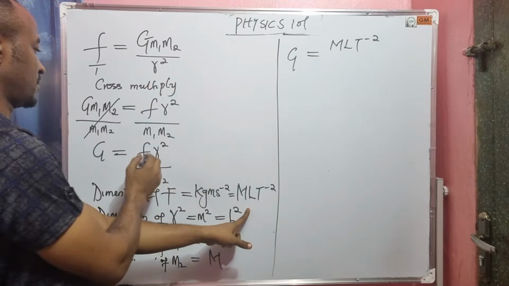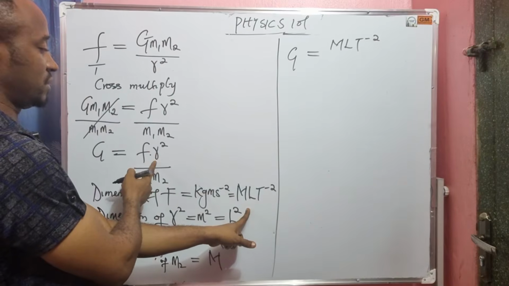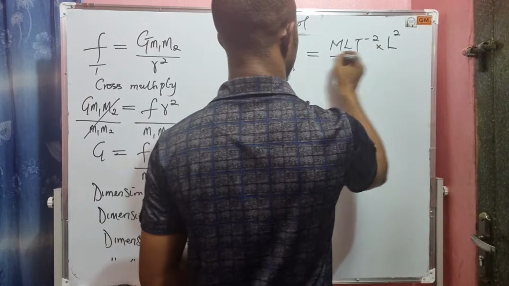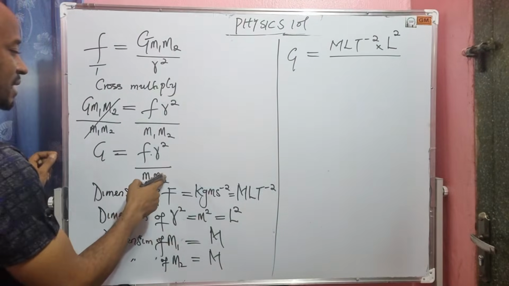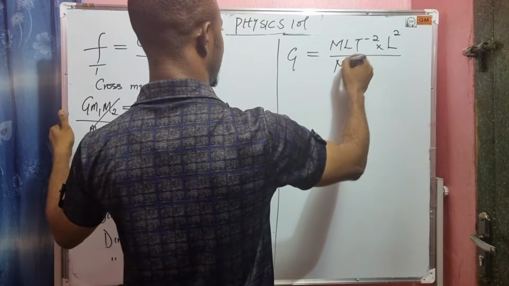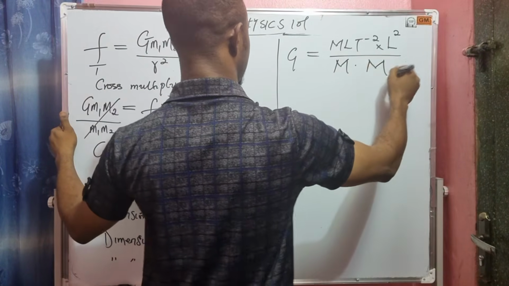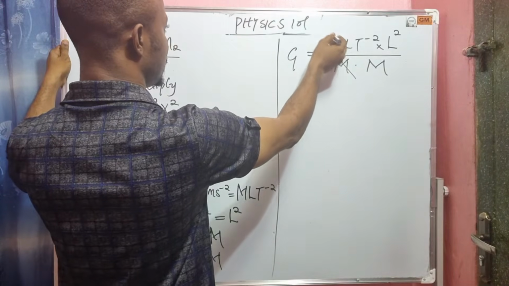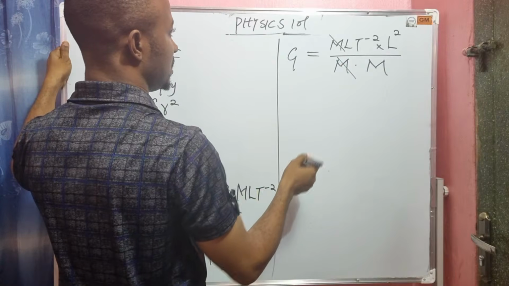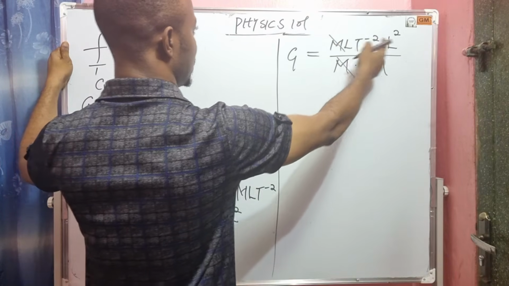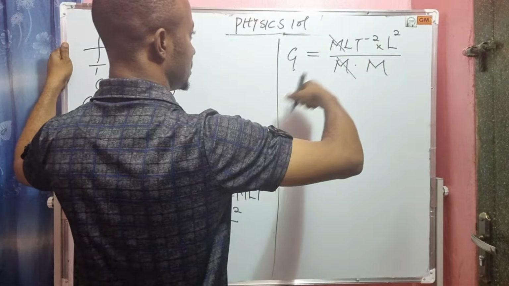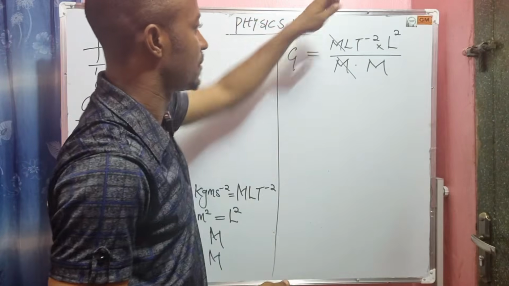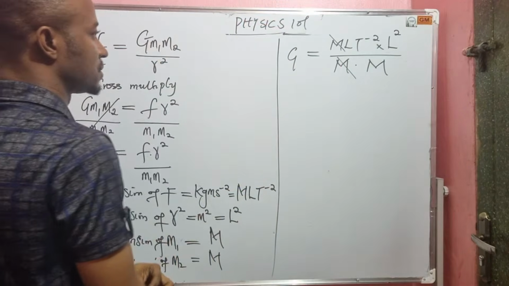So times L squared, our radius squared, which is L squared, divided by M1 times M2, which is simply capital letter M times capital letter M. So from here, one of these M can cancel one of this M here, right? Here we have L raised to power 1, L raised to power 2. Law of indices: when you take one of these L, we have to add up the power. The power of L here is 1, right? So that will give us what?